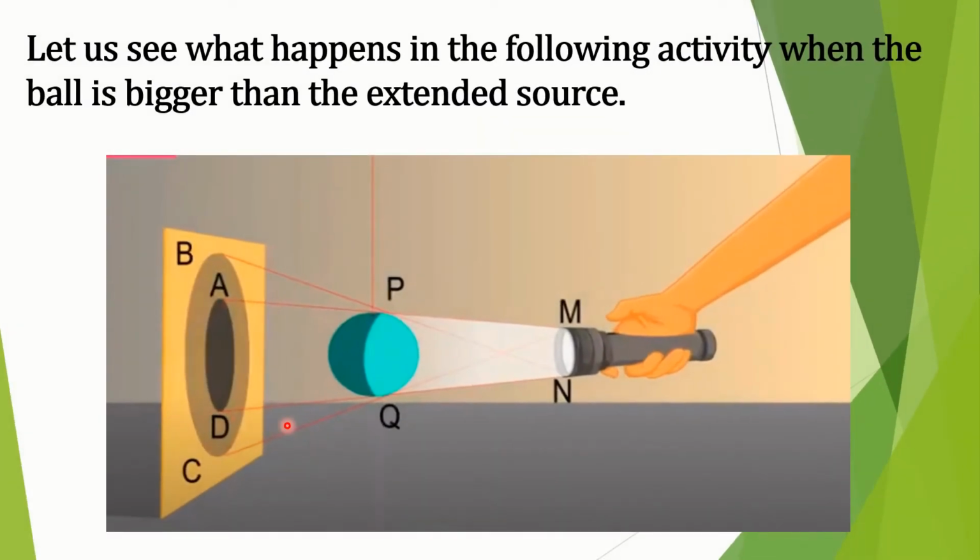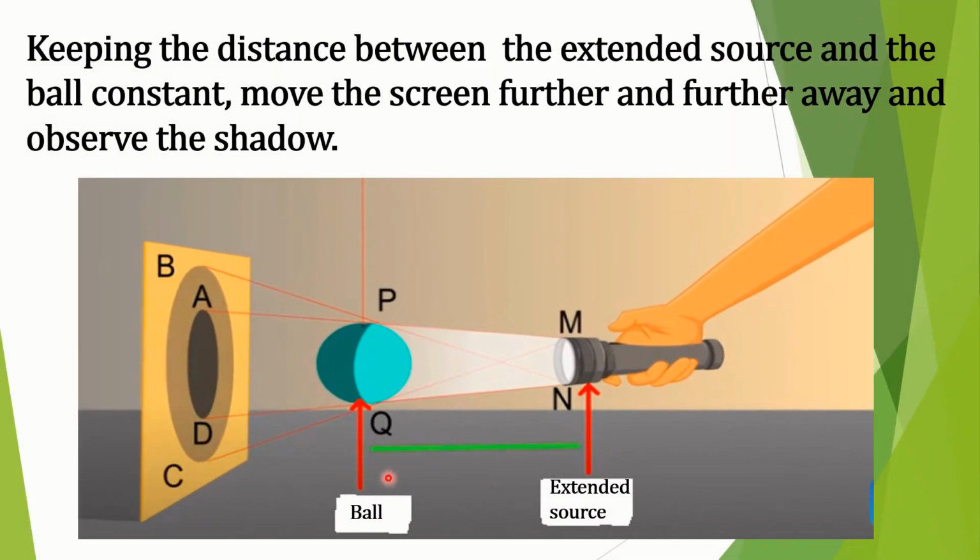Students, let us see what happens in the following activity when the ball is bigger than the extended source. Keeping the distance between the extended source and the ball constant, move the screen further and further away and observe the shadow.